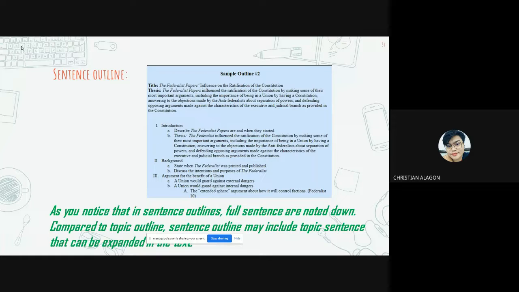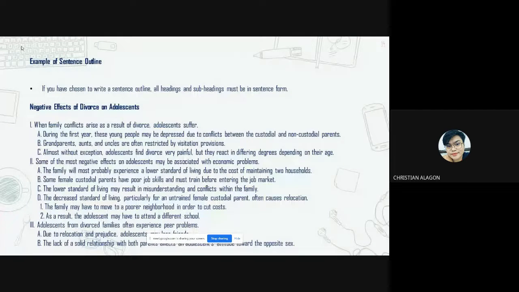So as you can see in our example, there are a lot of words. But I will show you the most perfect example for that, which I have here.